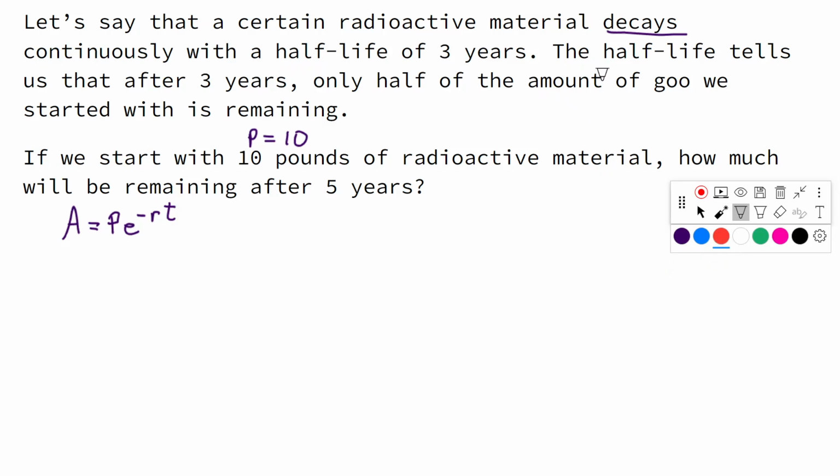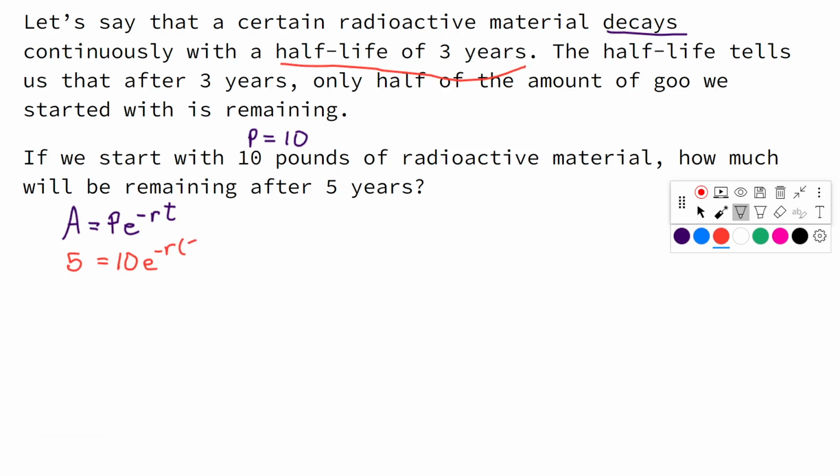We're going to use the half-life information to help us find our rate. So half-life is when only half of the amount remains. To find our rate, we're going to have to use 5 as the value of what's remaining because we want half of what we started with. So 5 is going to equal 10 times e to the negative r times the time period of that half-life, which is 3 years.